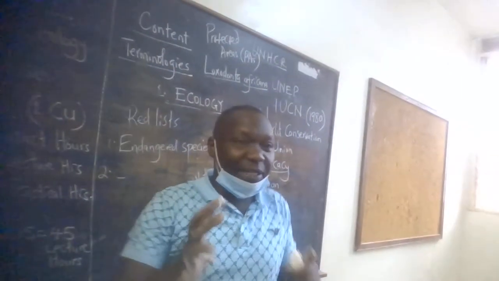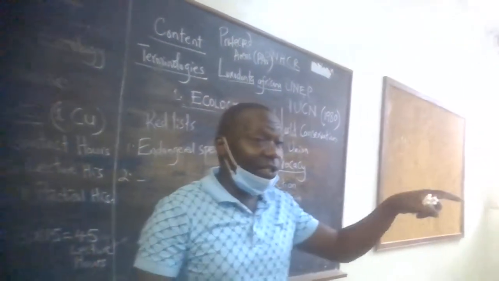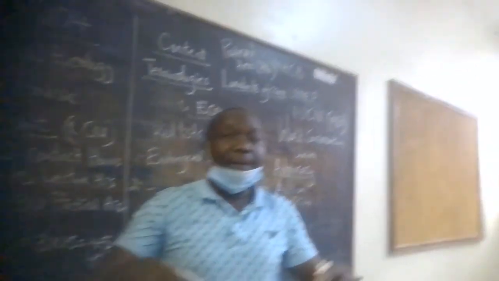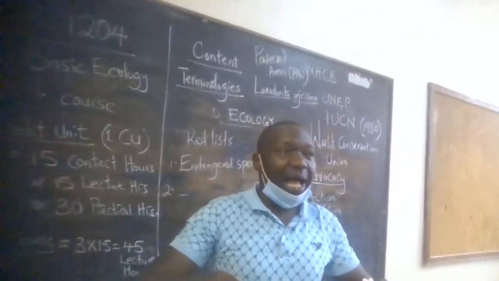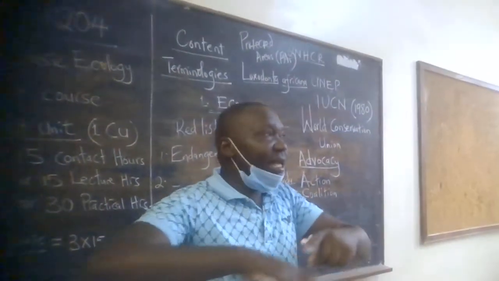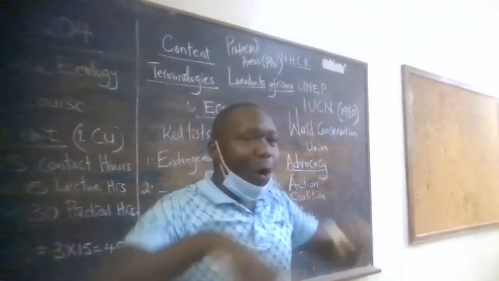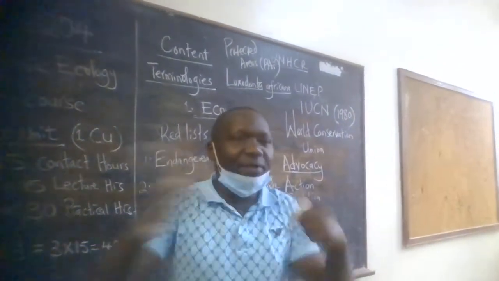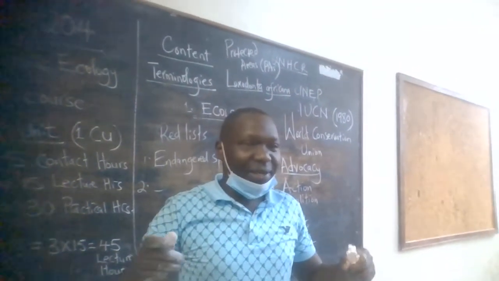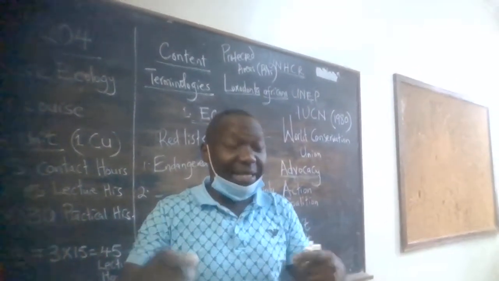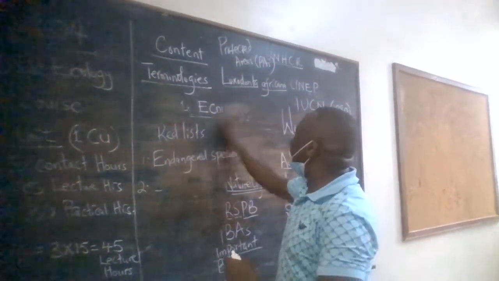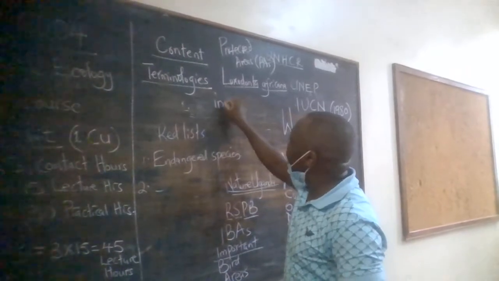But those ones are what we call in situ conservation. In situ conservation, meaning the species are preserved or left within their natural home environment, within their natural home range, without any confinement. That is called in situ. We call that one what? In situ conservation.